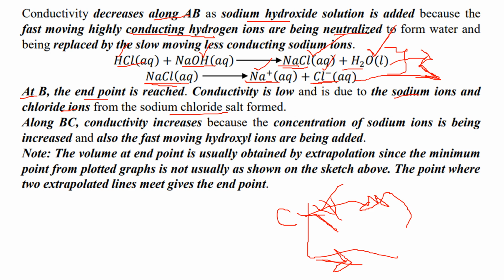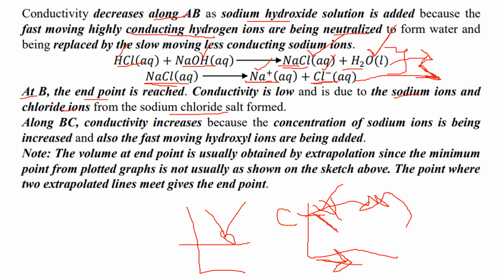Their mobility is low. That's why the end point is formed at a level where conductivity is low, because these ions coming from the salt, sodium ions and chloride ions, are not that light, so they move very slowly in solution. That's why the end point is got at a very low conductivity. But always at the end point, conductivity is going to be due to formation of the salts, even for other graphs that you're going to be looking at.